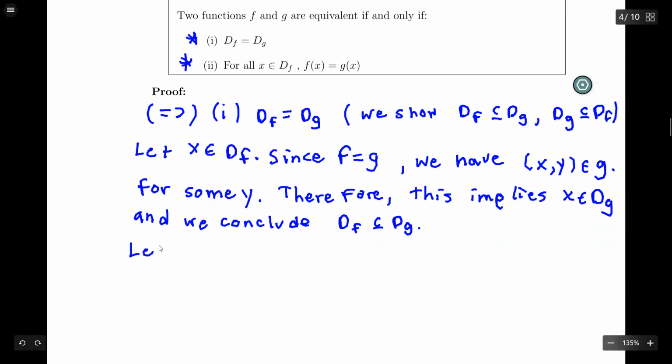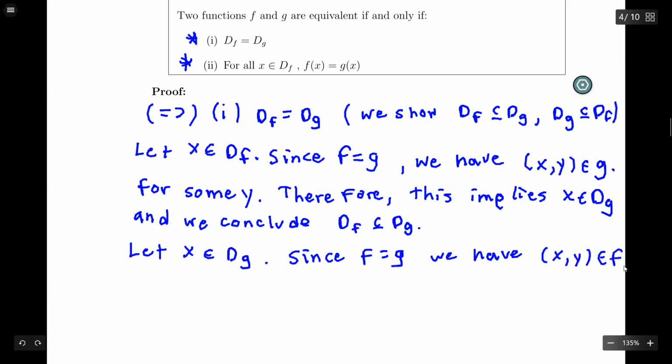So let x be in the domain of G. Since F equals G, we have (x, y) in F for some y.